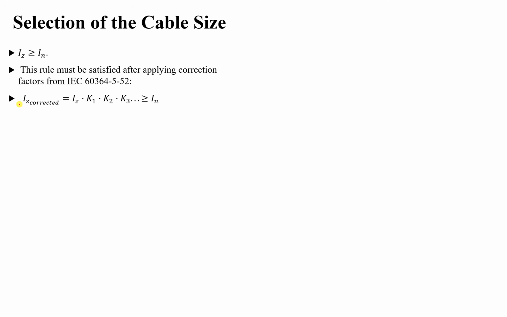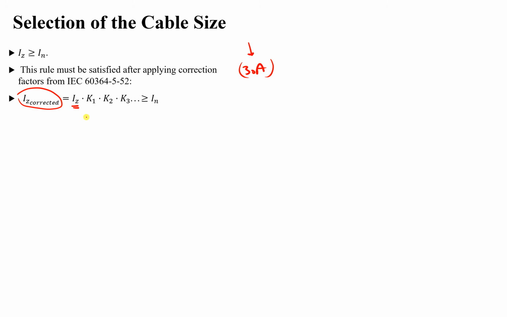So IZ after correction should be equal to IZ, the current carrying capacity of the cable, multiplied by K1, which is a correction factor, and so on. So if we select, let's say, a cable of 30 amperes, this is the current carrying capacity of the cable.